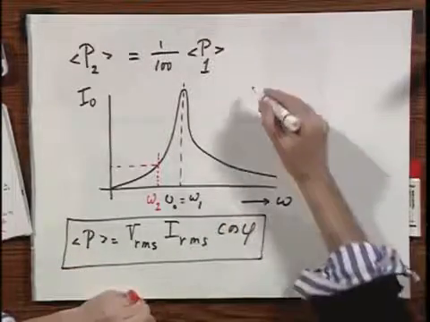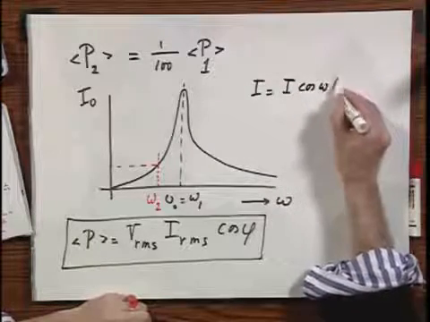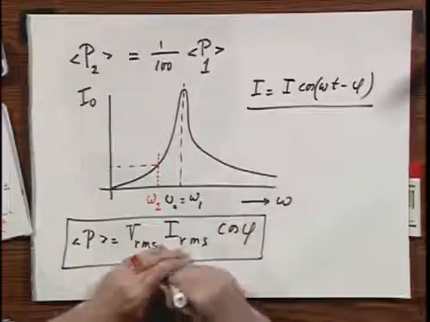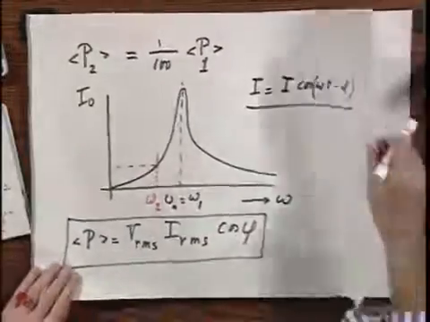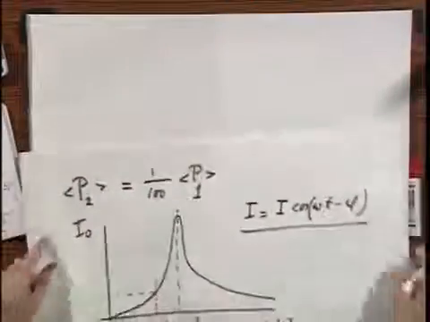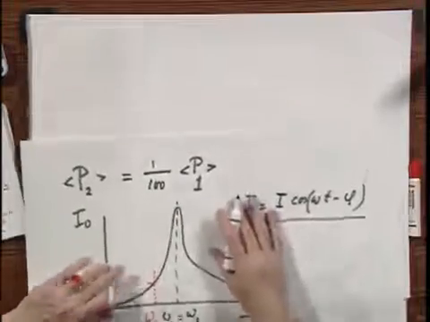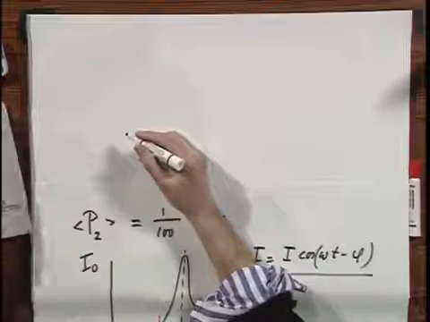The current that is going to flow in the system equals I cosine of omega t minus phi. This is something you have seen before. It is only to refresh your memory. And the way that you can best solve this is in the following way.